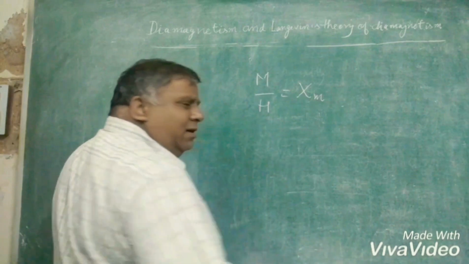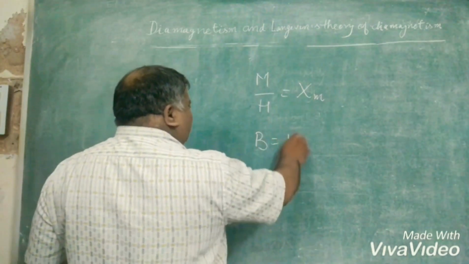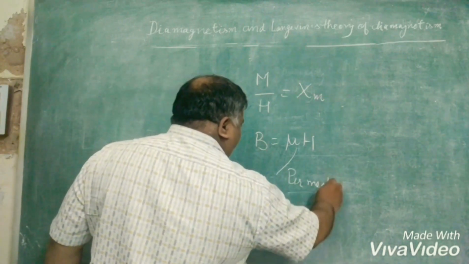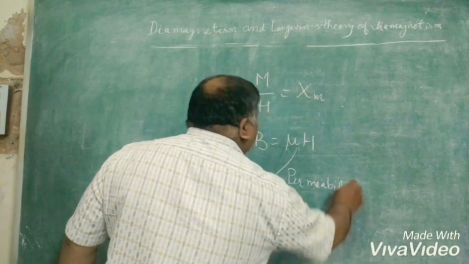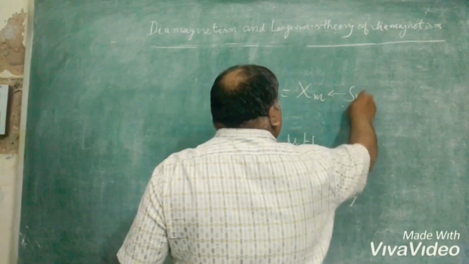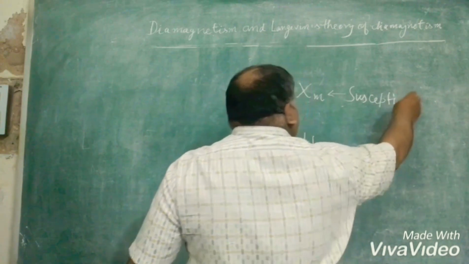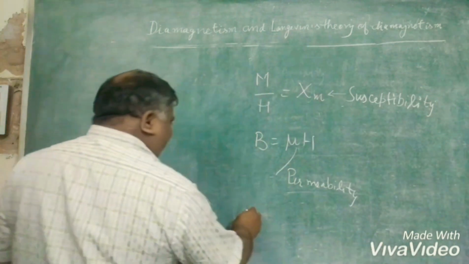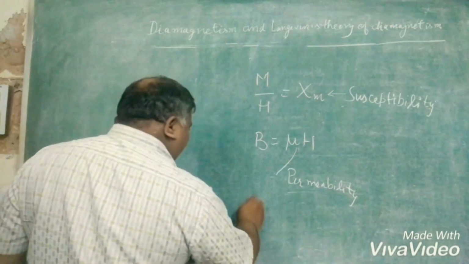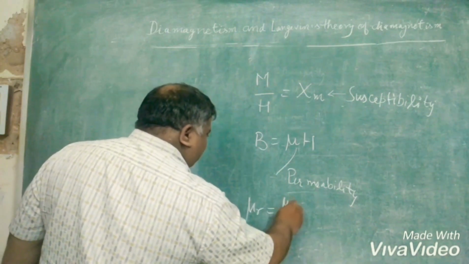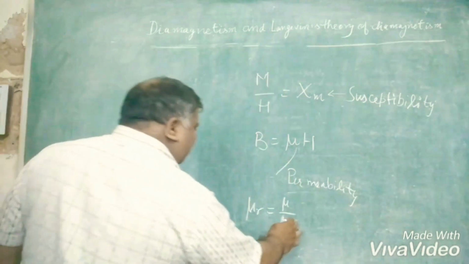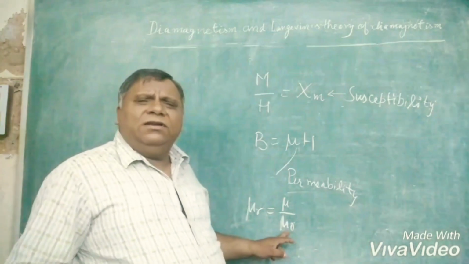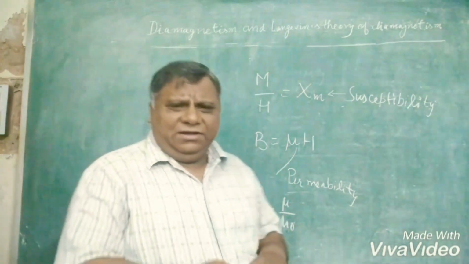So we have B equal to mu H. This quantity is called permeability. This is known as susceptibility. Again, we define the relative permeability, where mu naught is the permeability of free space.